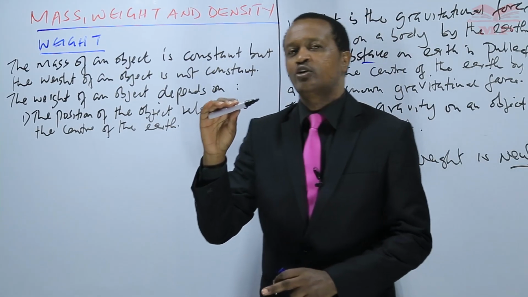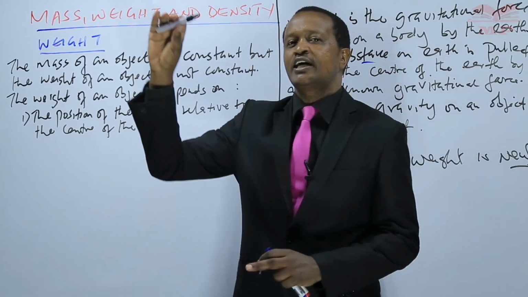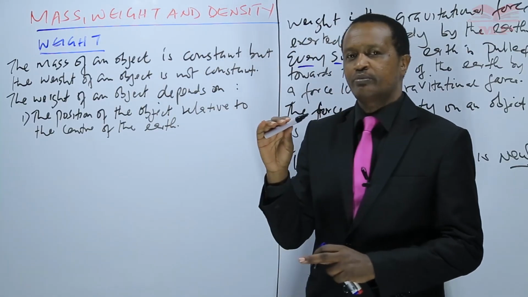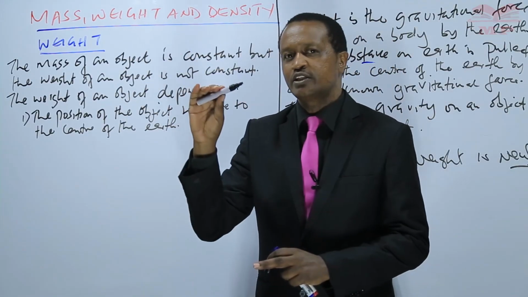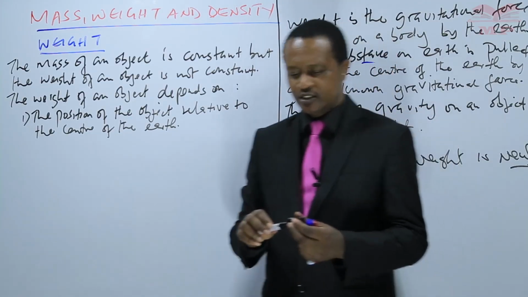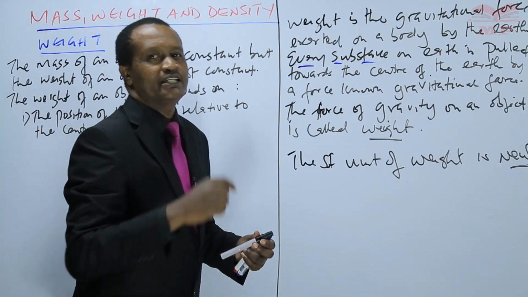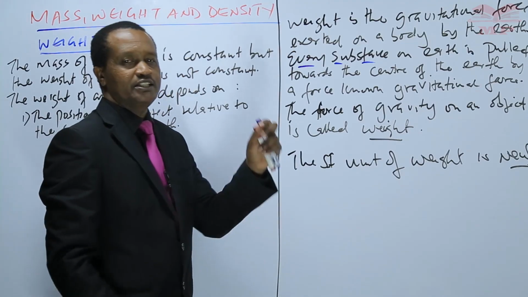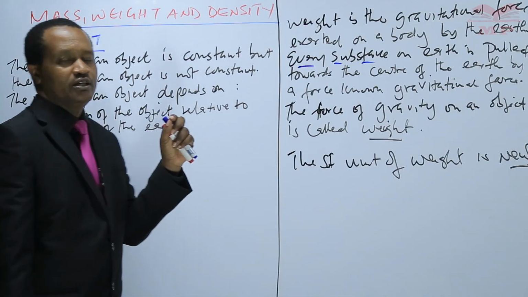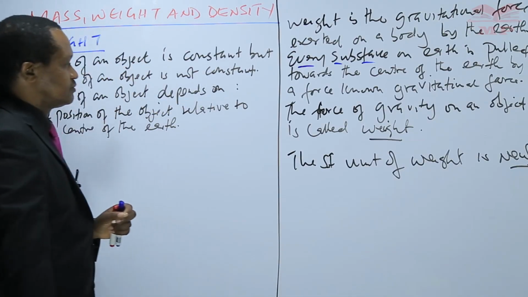And an object will weigh 6 times less on the moon compared to the position of the same object on the earth. If you have an object, it will weigh 6 times less on the moon compared to the same position of the object on the earth.